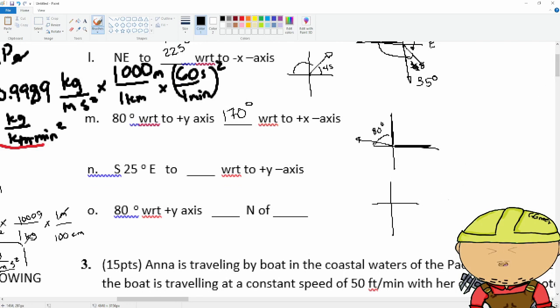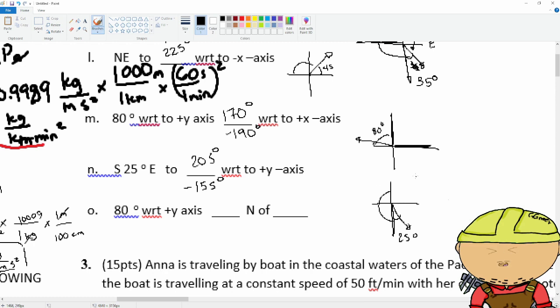So it's going to be south first, then 25 degrees east, almost the same as the 35 degrees one. With respect to y-axis, that's going to become 205 degrees. Oh, this also could be negative 190 degrees or positive 170 degrees. This is 205 degrees or negative 155 degrees. We're talking about the clockwise direction.